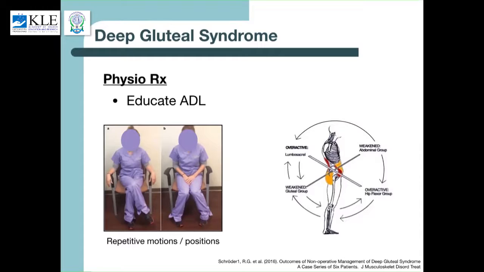So positions of overstretching those external rotators can lead to weakness, which results in neuromuscular deactivation. And we've also seen that other complications related to these positions could be the increased strain of the sciatic nerve, as we've seen in some biomechanical cadaveric studies that have been published.